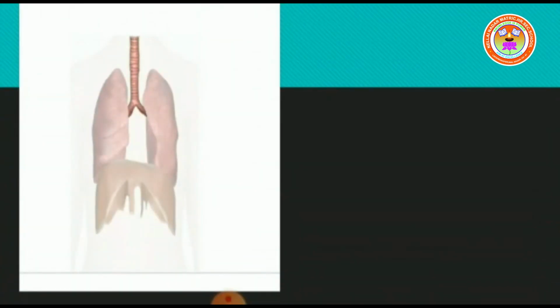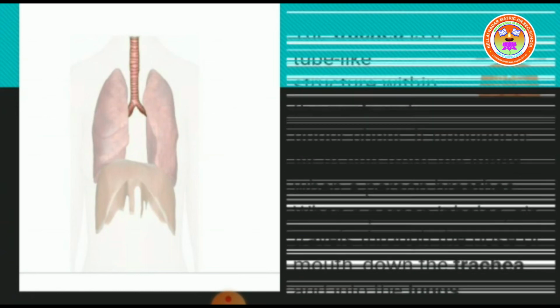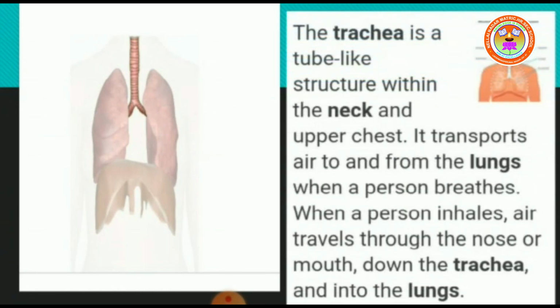So this is the windpipe. The larynx has two ligaments called vocal cords. The windpipe is also known as the trachea.